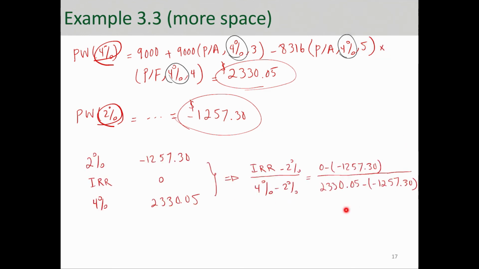Now, if you solve this linear interpolation for IRR, you will get an IRR of approximately 2.7%. And that is just a linear interpolation, so it's an approximation that the IRR is about 2.7%.